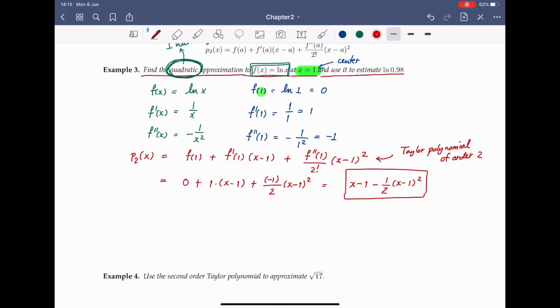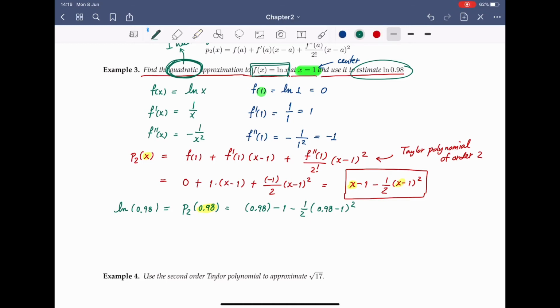And now what you need is to estimate the logarithm of 0.98. Here this is the Taylor polynomial of order 2 at 0.98, and that thing is 0.98 minus 1 minus 1/2 times (0.98 minus 1) squared, right? You just plug 0.98 into the x value here.